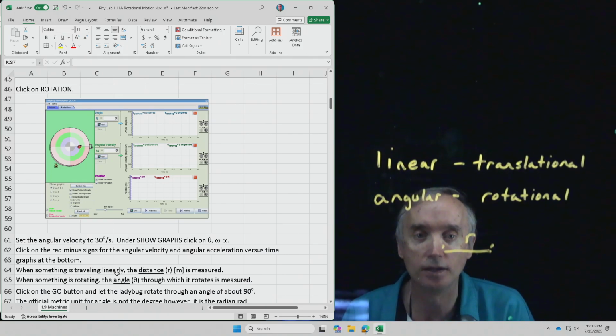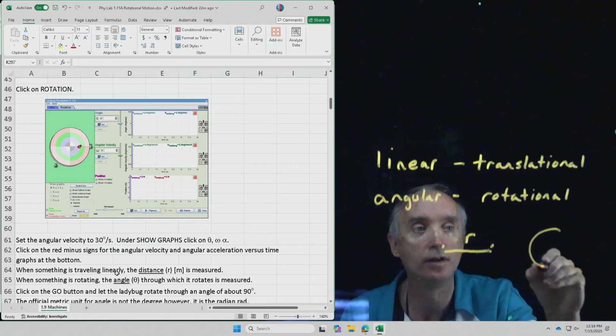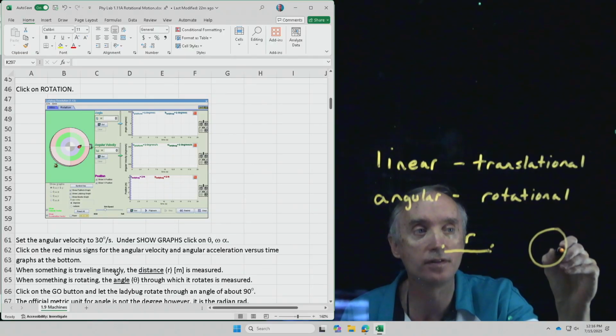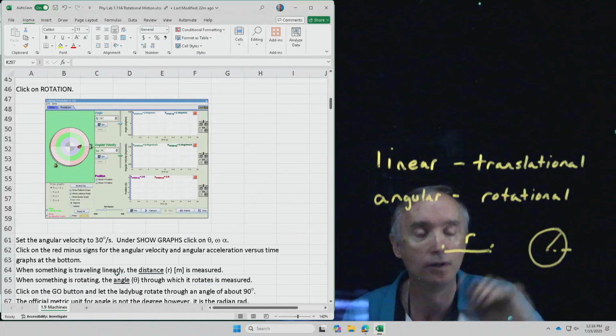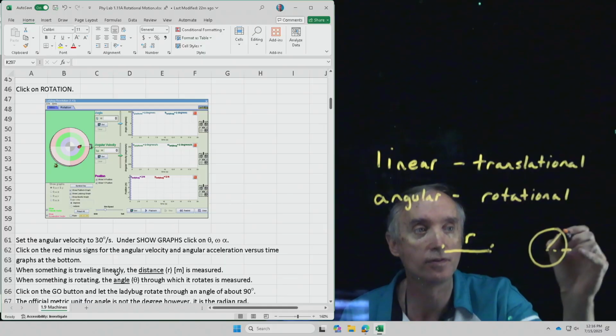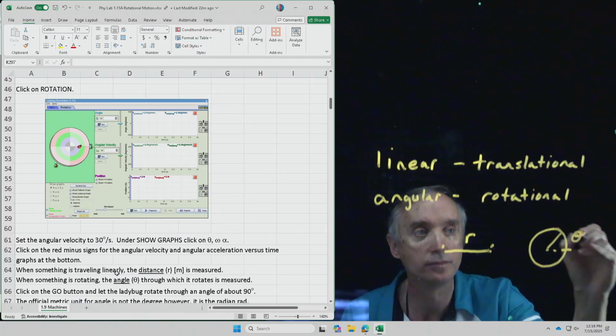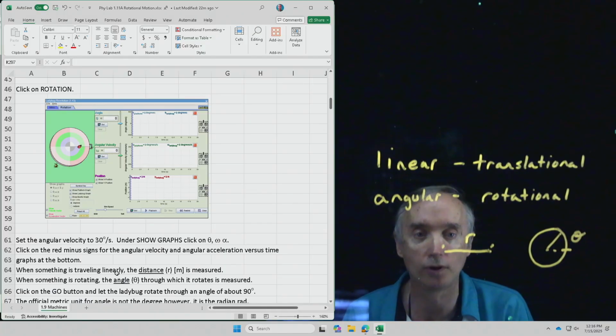Now, when something is rotating, however, we talk about the angle through which it rotates. So if you have a tire, and let's say the tire starts there, we could let it rotate through this angle right here. And this is going to be theta. Theta stands for an angle.